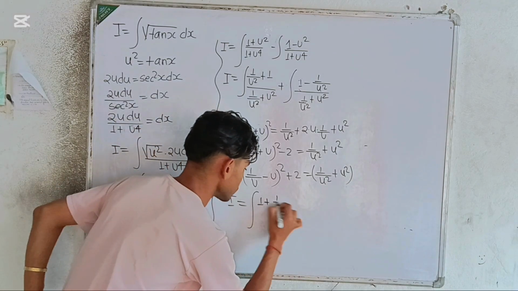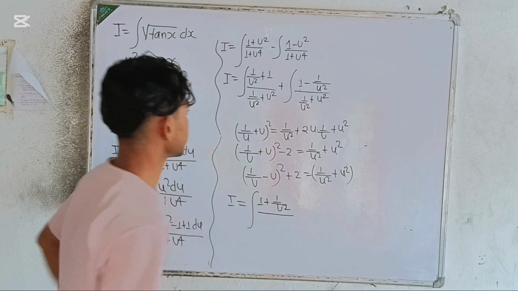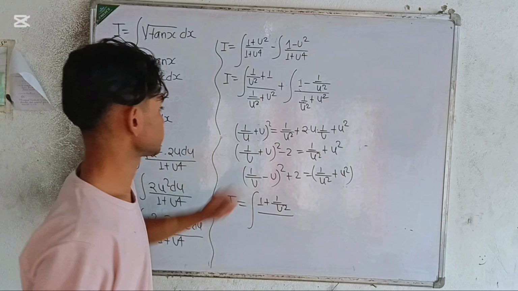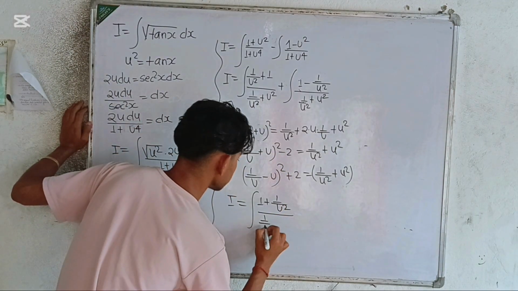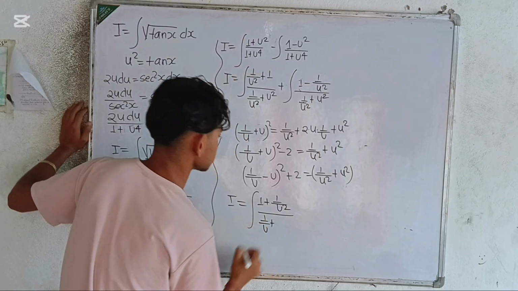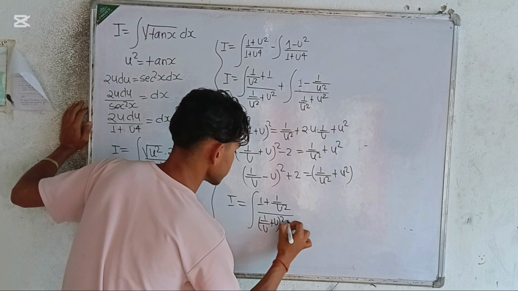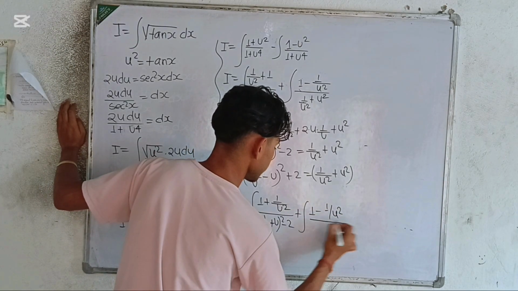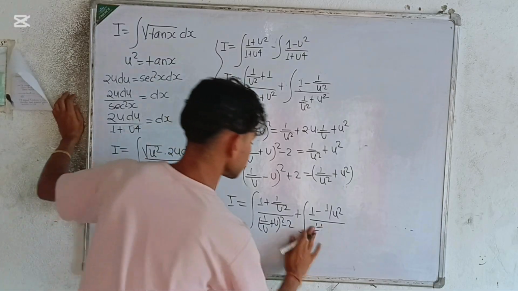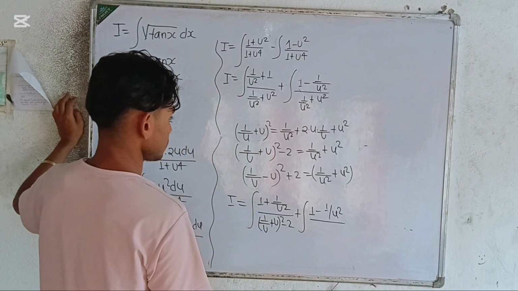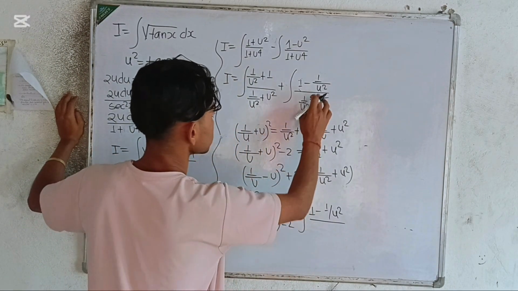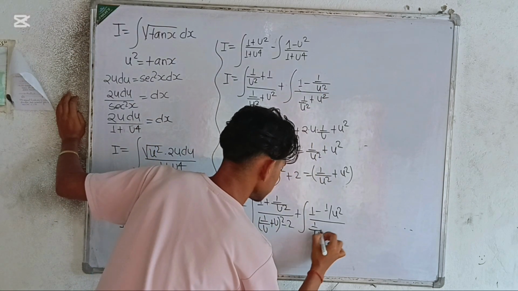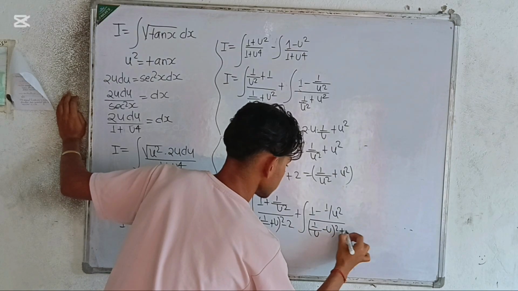So I get integral, in terms of here I have 1 plus 1 over u squared divided by, in terms of this I have to substitute that, 1 over u plus u squared minus 2, plus integral 1 minus 1 over u squared by, in terms of minus we have to substitute the plus, and that is 1 over u minus u squared plus 2.